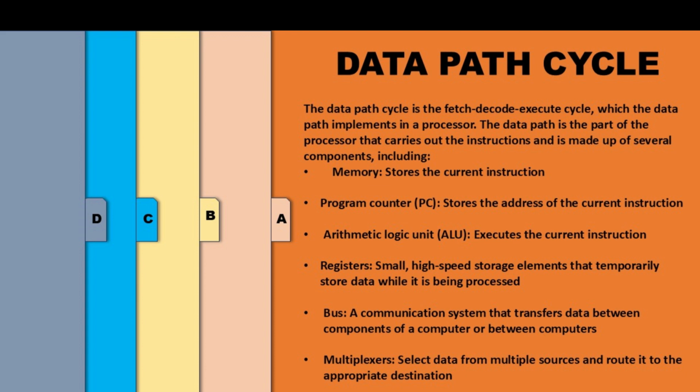The data path is the part of the processor that carries out the instructions and is made up of several components, including memory, which stores the current instructions, program counter PC, which stores the address of the current instruction, arithmetic logic unit ALU, which executes the current instruction, registers, which are the small, high-speed storage elements that temporarily store data while it is being processed.